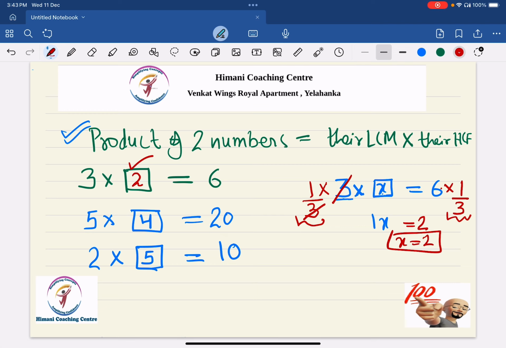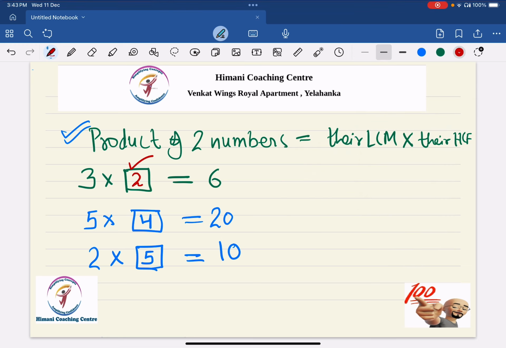Okay. Now let us look at the next question, which I have written. We will do all these three just for understanding. Now I'm saying we have to find 5 times something gives us 20. So let us put this as x. Now look for the reciprocal of 5. So it would be 1 upon 5. So multiply both sides by 1 by 5. Now what will happen, kids? 5 and 5 cut each other because 5 times 1 is 5.